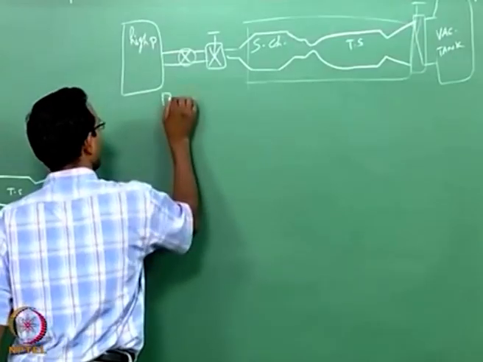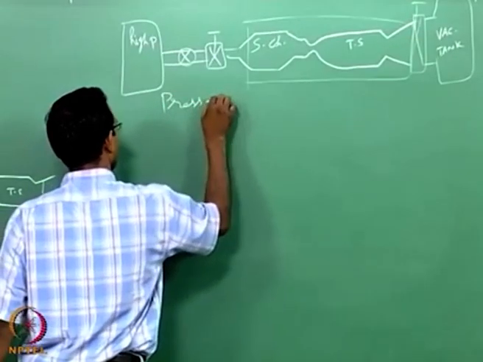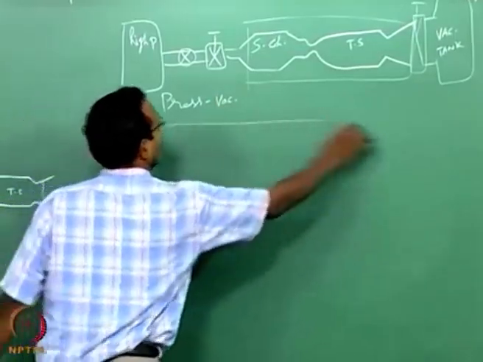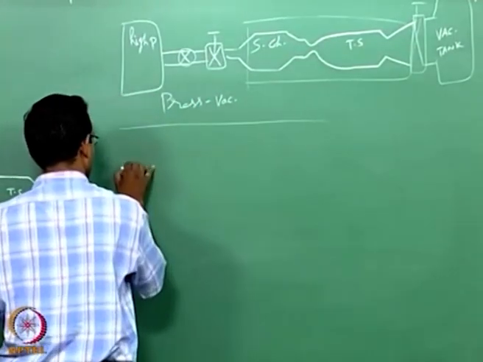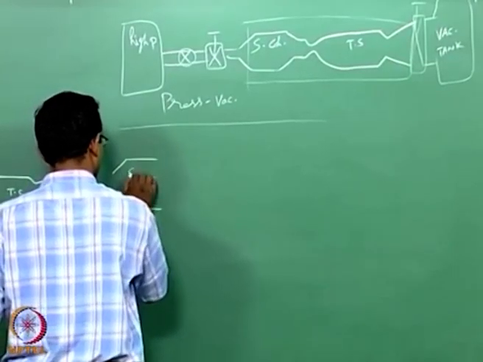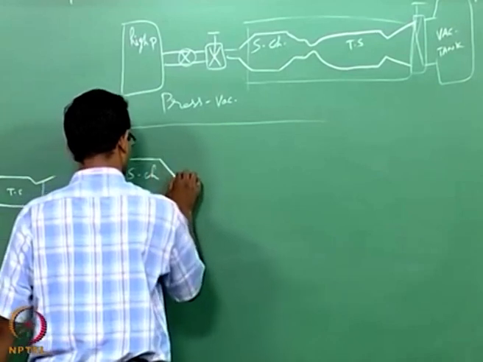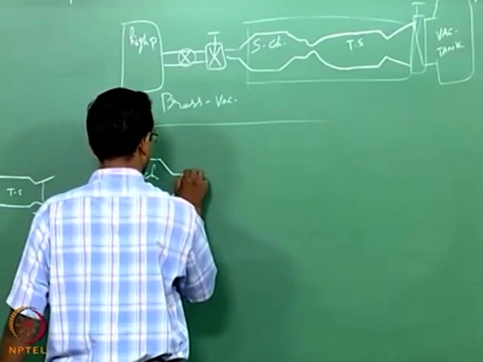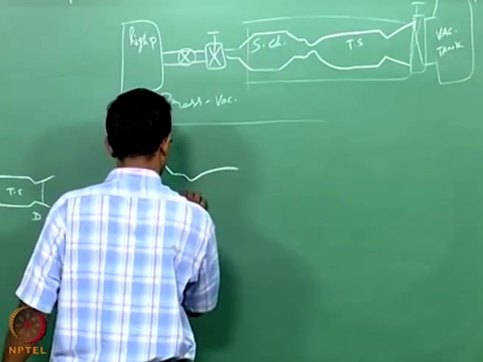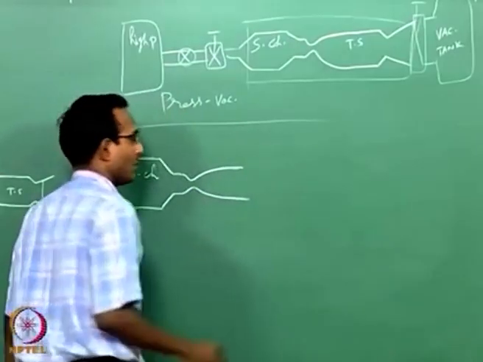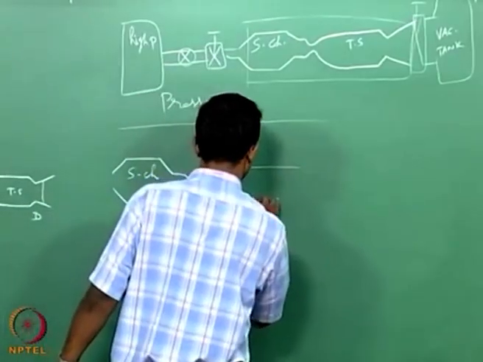Now I want to look at only the basic supersonic facility, which is, I have some settling chamber, from there I have a nozzle followed by a straight section, which is my test section.